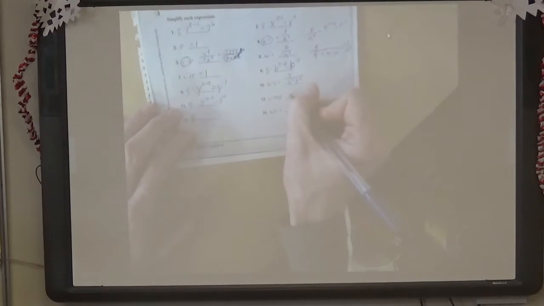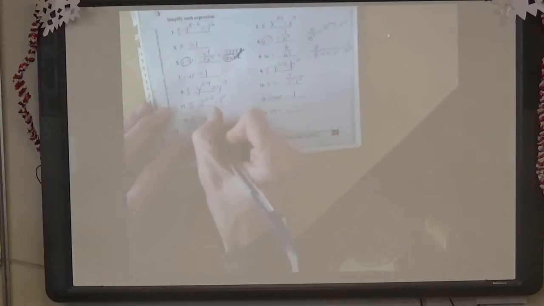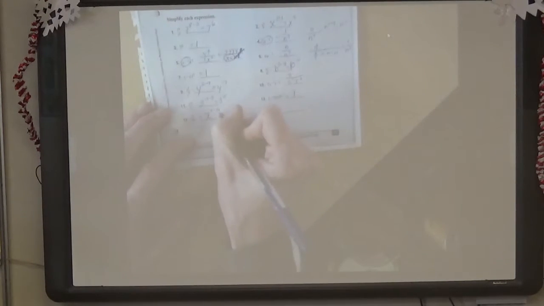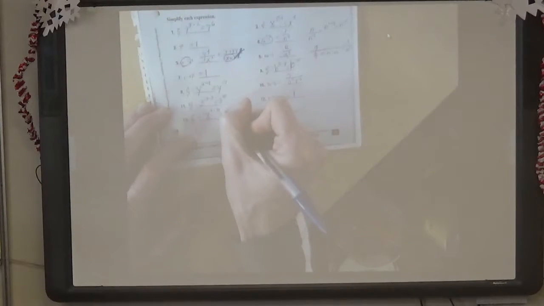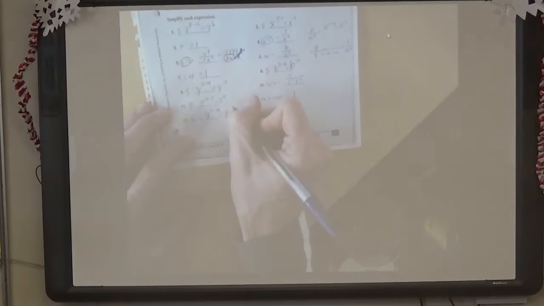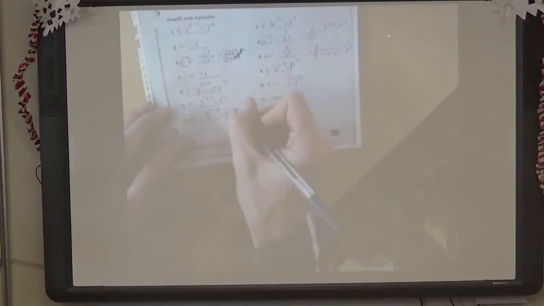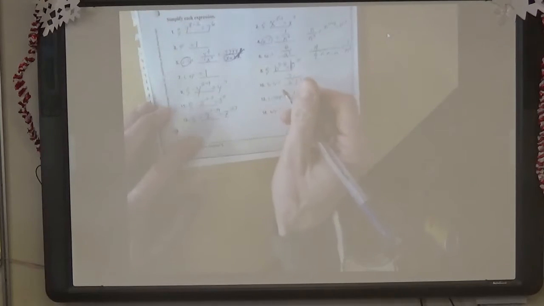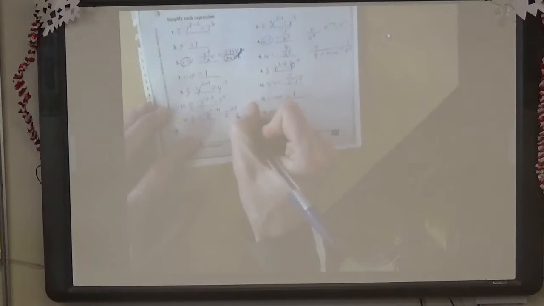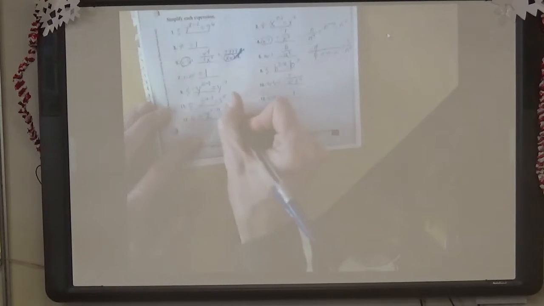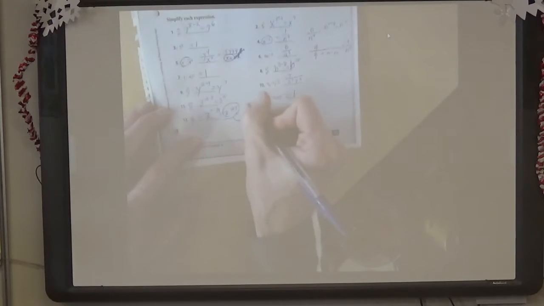This equals 1. This equals z to the 7 minus 34. Yep, so z to the negative 27. How would we write that as positive 27? You take this and put it in the denominator. So it would be 1 over z to the 27.